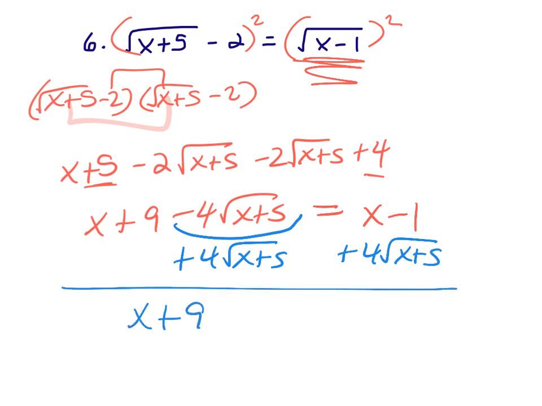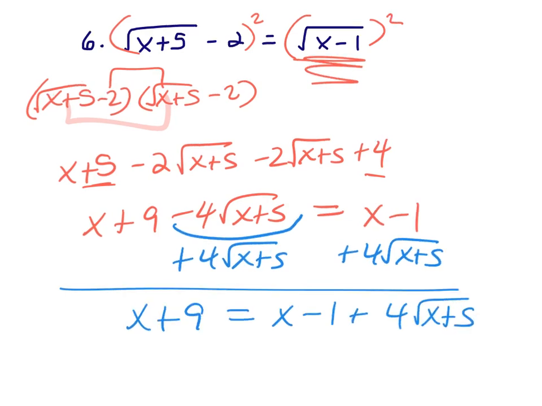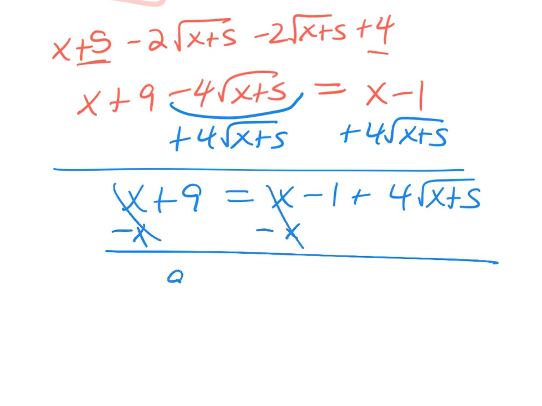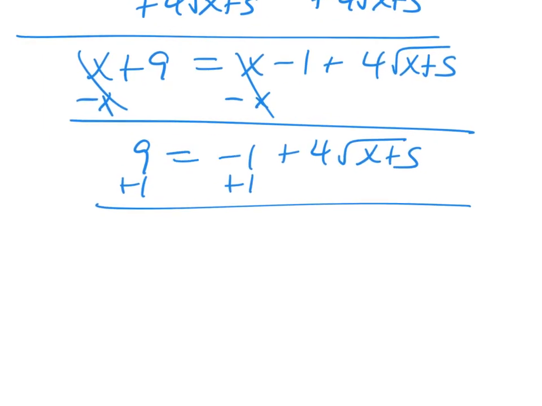So x plus 9 equals x minus 1 plus 4 square root of x plus 5. Move the x. x is canceled from both sides. Move the 1. 10 equals 4 radical x plus 5.